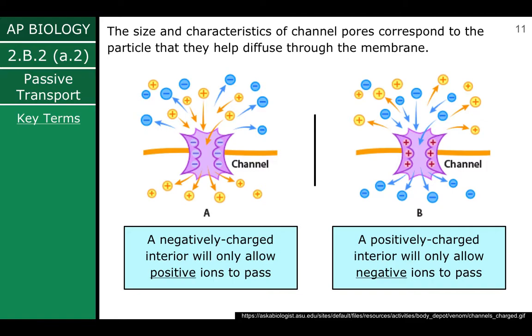Some are going to be more negative, some are going to be positive. So in this situation, you can see that opposites attract here. So our positively charged particles are able to pass through this negatively charged channel, whereas in this one, our negatively charged particles can go through our positively charged channel.